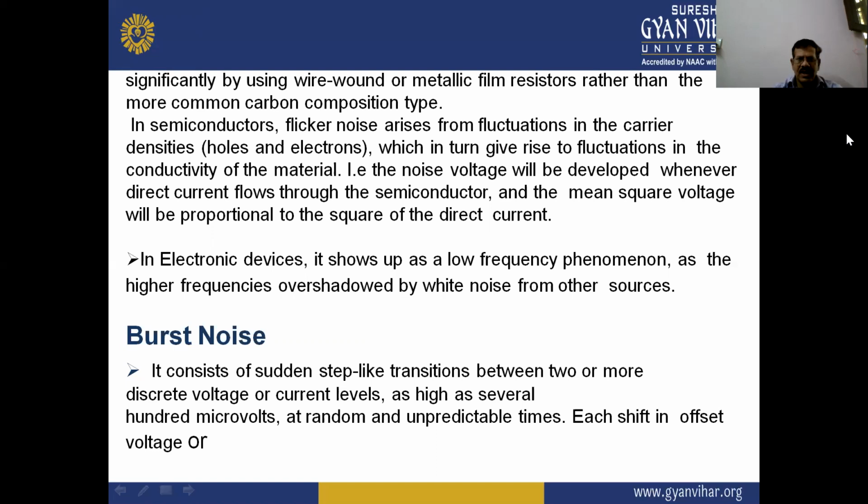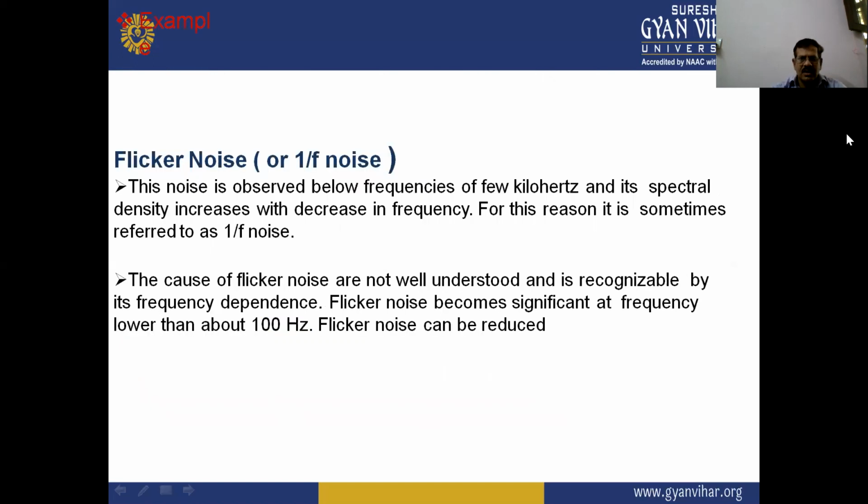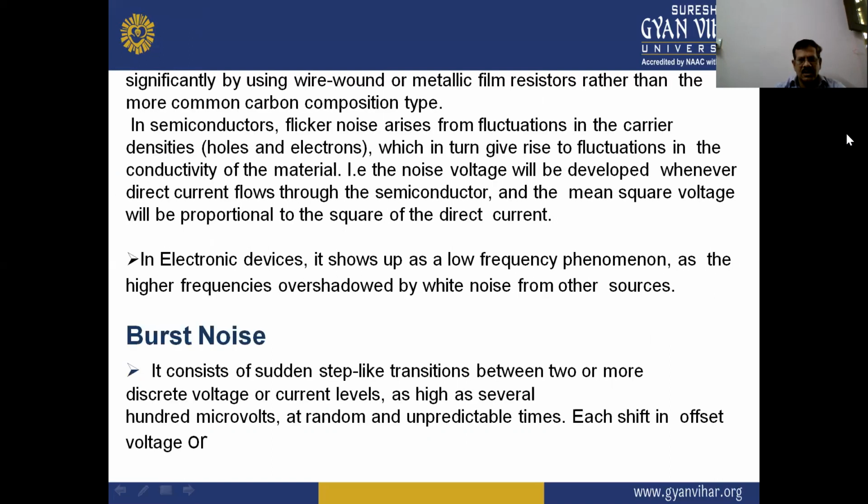In electronic devices, it shows up as a low frequency phenomenon, as at higher frequencies it is overshadowed by white noise from other sources. So this is flicker noise, or 1 upon f noise.